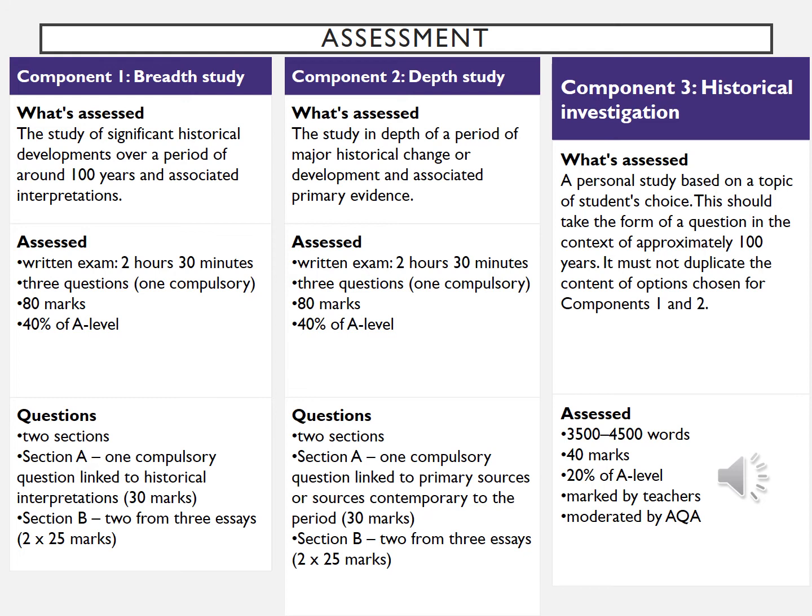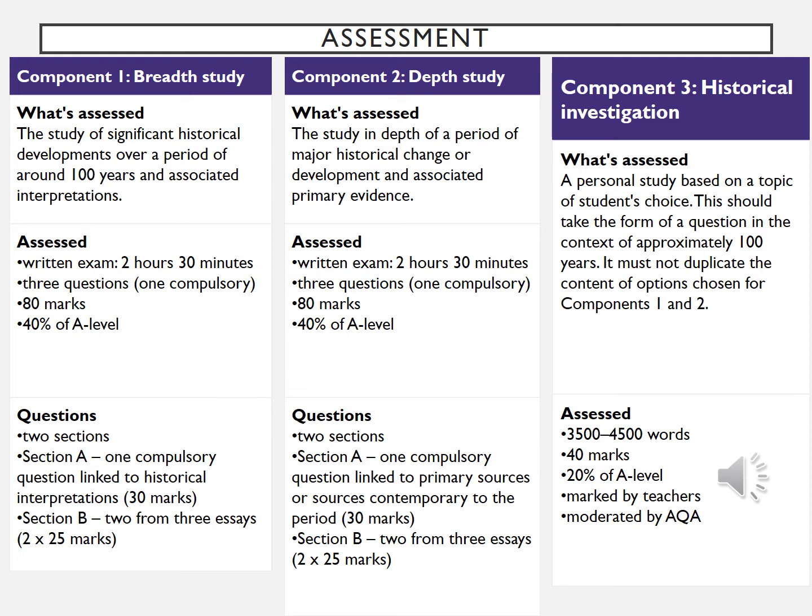You will have to analyse 3 different sources for either how convincing they are, what are the arguments within those sources, or for the American paper, you're looking at how valuable the sources are in relation to a particular question. You will then be given 3 essay questions, and you will have to answer 2 of those questions in each paper. You get 2.5 hours to do all of that, nice and straightforward.